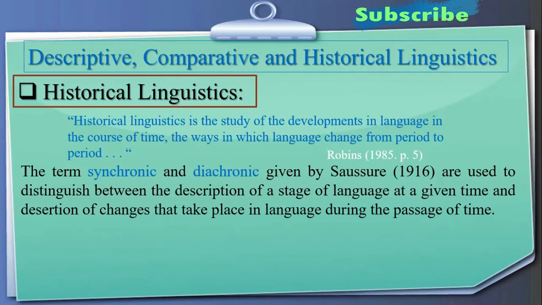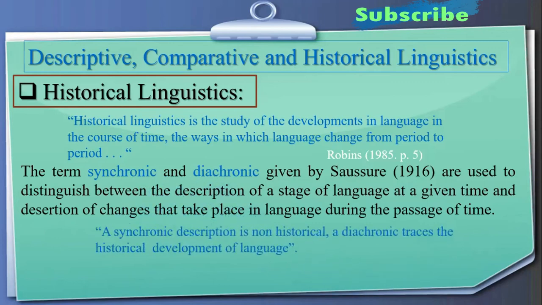The terms synchronic and diachronic, given by Saussure, 1916, are used to distinguish between the description of a stage of language at a given time and the description of changes that take place in language during the passage of time. When we talk about synchronic study of language, we talk about the rules at the present time within language. When we talk about diachronic linguistics, we talk about the historical changes within language.